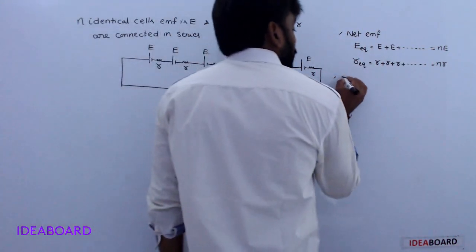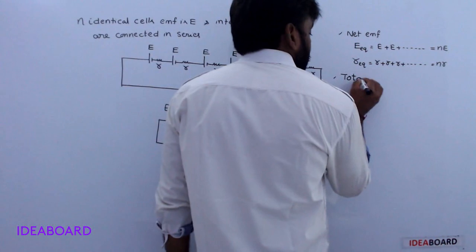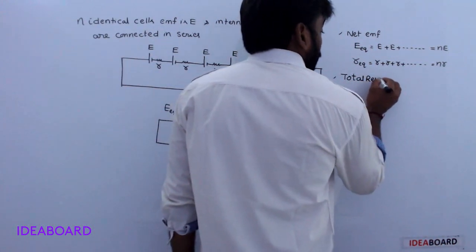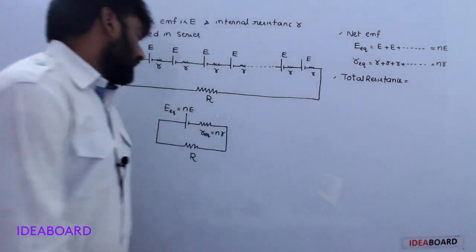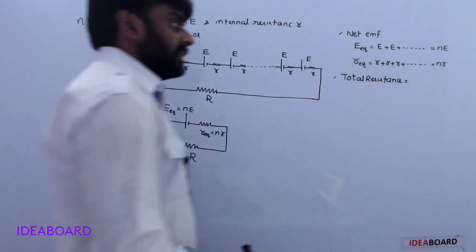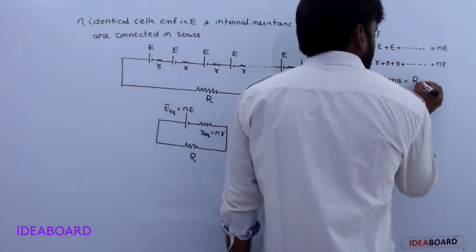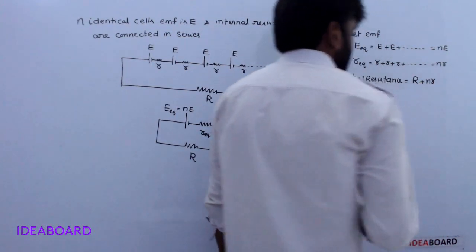Total internal resistance is always in series with external resistance. Total resistance is equal to R plus NR.